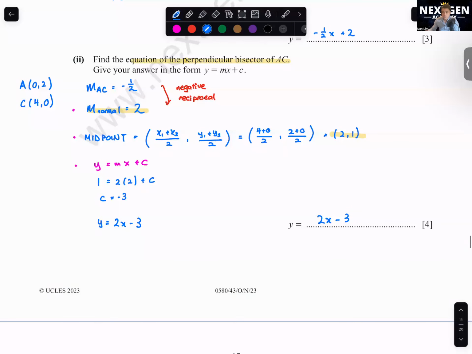Can also. Okay, that one is a math formula. Mark scheme normally use y equals mx plus c lah. So for me personally, I will just stick with the mathematics formula. But I don't think they will minus your mark if you use that formula because technically it's the same thing.